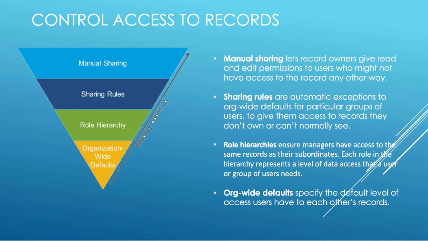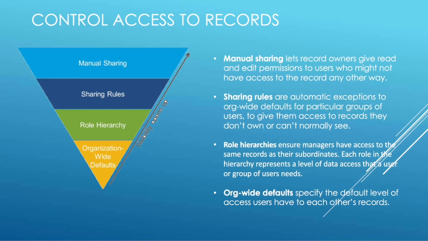So organization-wide default is the default level of access users can have. Then there is role hierarchy, which ensures managers have access to all the records which their subordinates have. So it just follows the role hierarchy. The higher-level manager should have access to all the records of their subordinates.